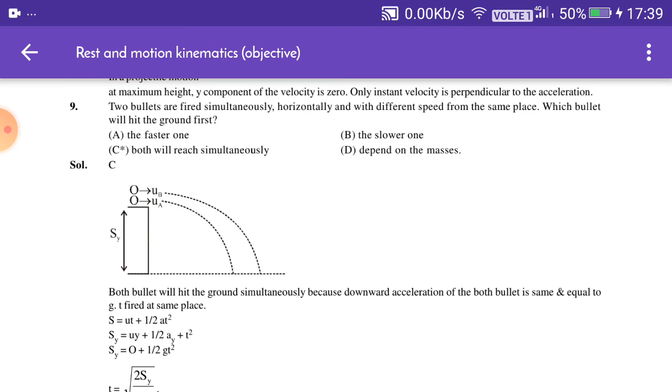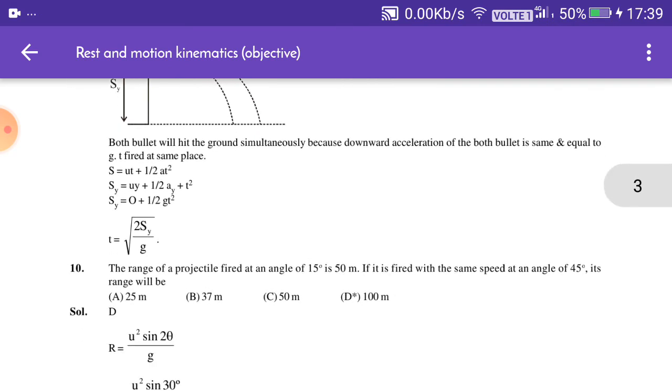If you know it is fact based, both will reach simultaneously only. Why? s1 is equal to ut plus half at square, and the second is also like that. So if you see that, t is equal to root of 2h by g, like that. Let's go to the 10th question.